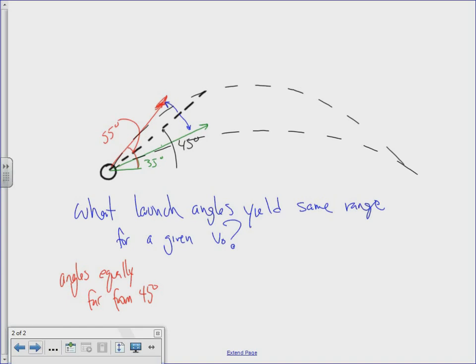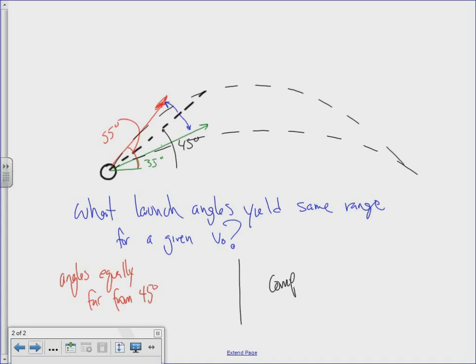The other way to say it is this. What's special about 35 and 55? Or what if we went 15 degrees away and got to 30 and 60? What's special about those? What if we went 35 degrees away and went to 10 and 80? Well, all those angles add up to 90.